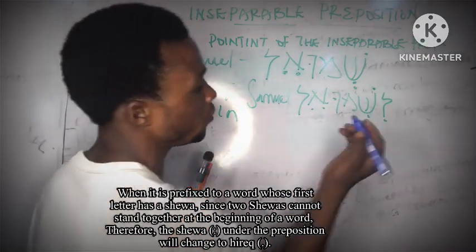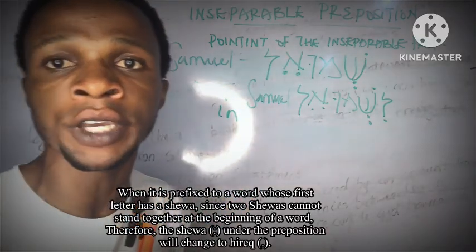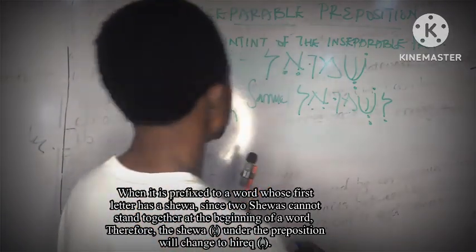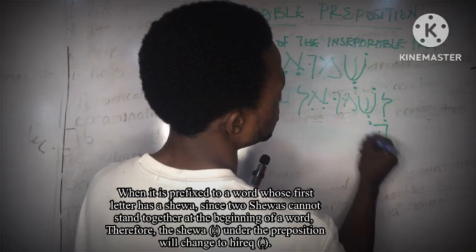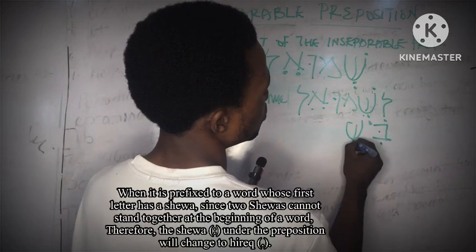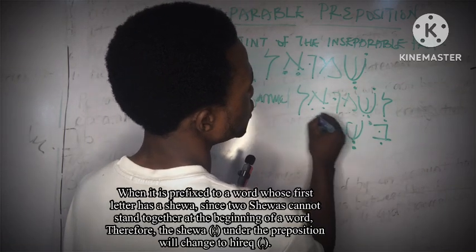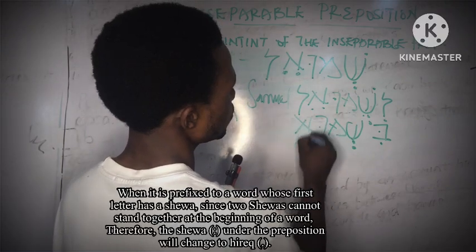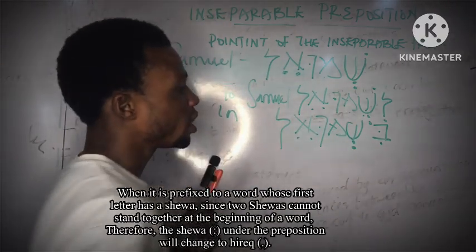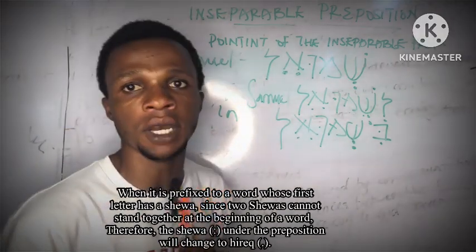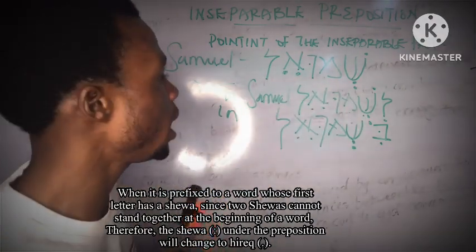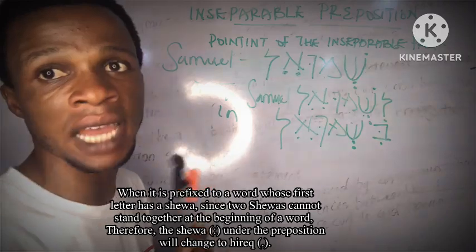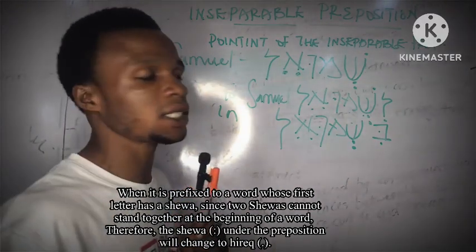Now, we want to say "in Samuel." Don't forget our preposition for "in" is bet. So it should now be Bishmuel. That is in Samuel. Then you want to say "as Samuel." What is our "as" represented by?